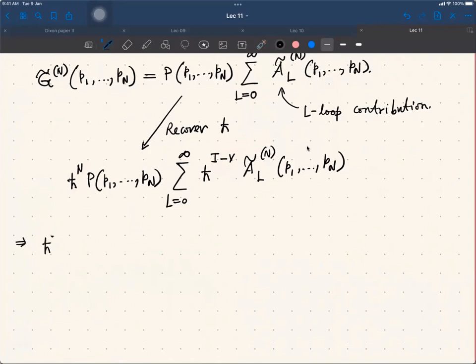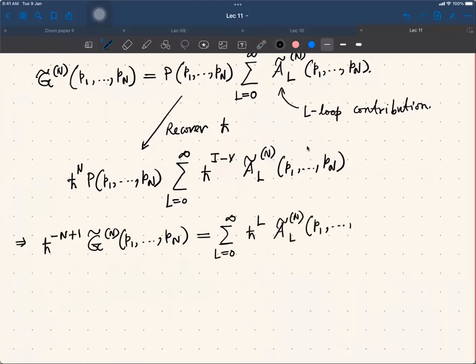So h bar to the power minus n plus 1 times G tilde n (p1 to pn) is given by the sum over L equal to 0 to infinity of h bar to the power L, A tilde n L (p1 to pn).